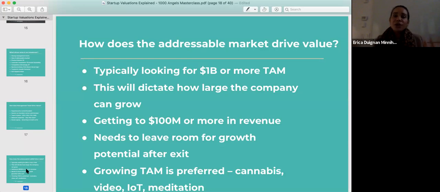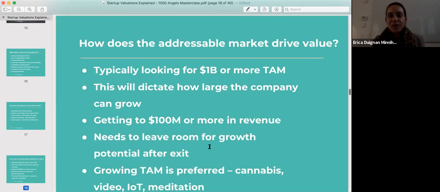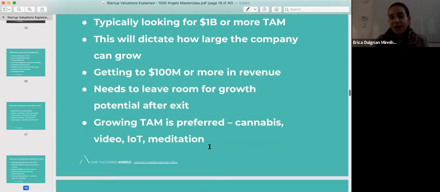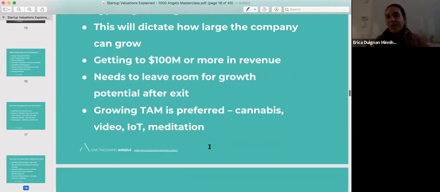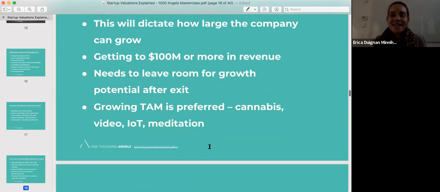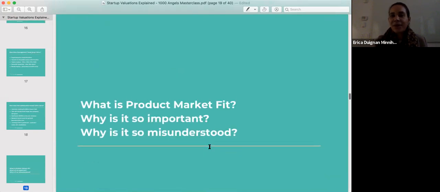So the addressable market of the company needs to be large enough so that not only can the investment be made and grow to size, but then there's additional upside for the acquirer after exit. As we talked about before, a growing total addressable market is preferred. That's why we've been looking at some of these interesting sectors as of late that have a lot of growth.